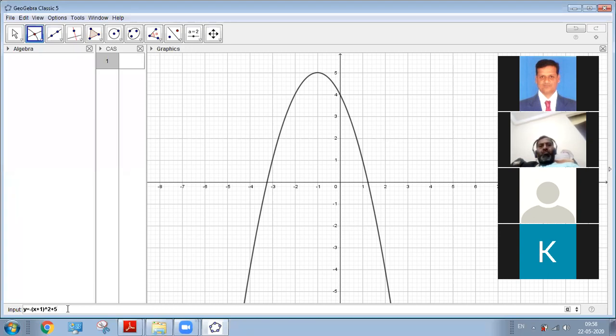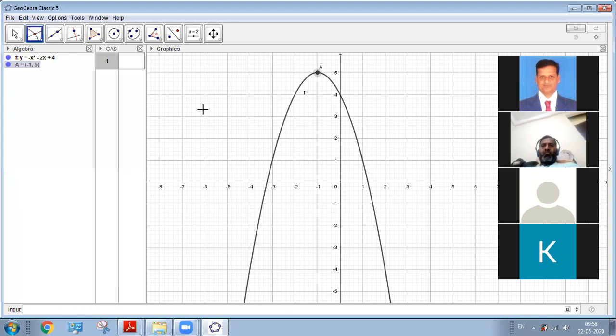Now you can find the extreme value of this function. Extremum of f. So it has got a maximum value at this point. It is at minus 3 comma 5. So this type of problems you can deal with, finding the maximum and minimum value of functions.